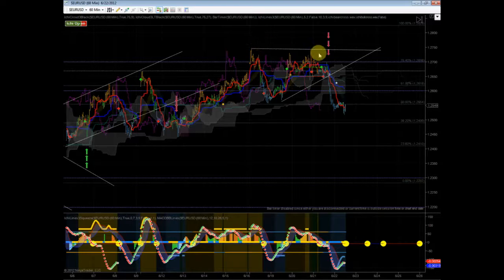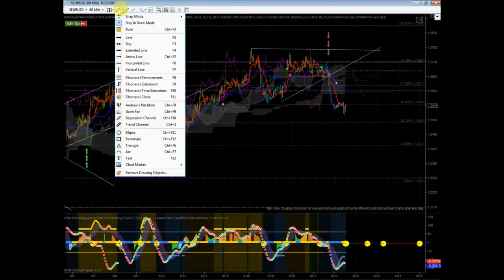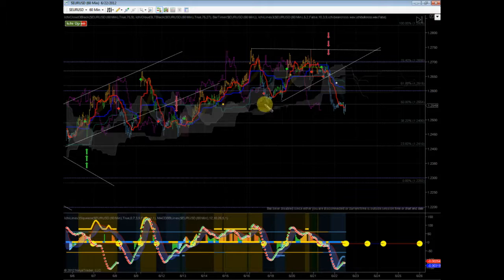We have this new trend formed right here. Always when we have a breakout out of these triangles, most likely we're going to have another chart pattern forming along with that breakout. It's kind of like a broadening top. This type of formation is known to form at the top of bullish trends.